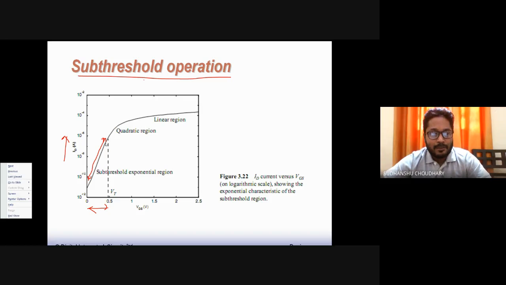When you don't want to conduct, the switch is off; when you want to conduct, the switch is on. So this is undesirable, but because of the sub-threshold region of operation, the MOSFET still conducts at VGS less than VT, and in that portion you have an exponential rise in current.